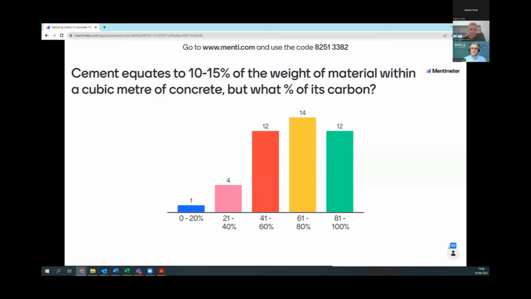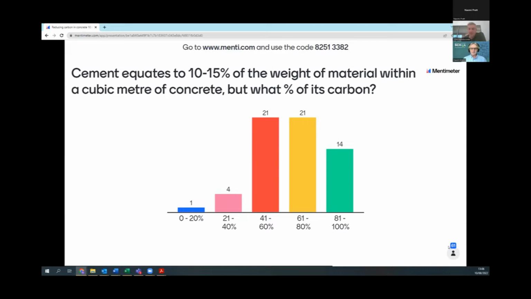People clearly taking some time to think about this one. So the majority of people falling down in the sort of 2/3 to 3/4 range, I would guess. And I'm sure John will give us the correct answer shortly.